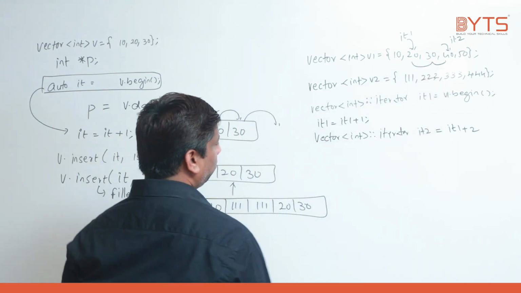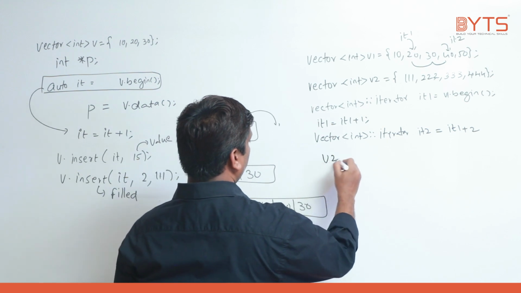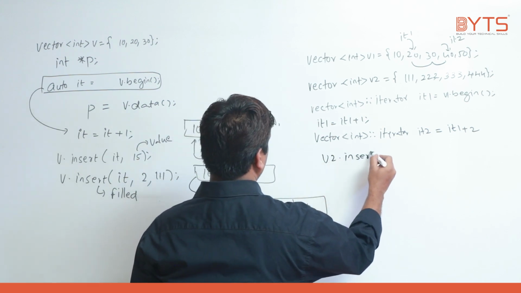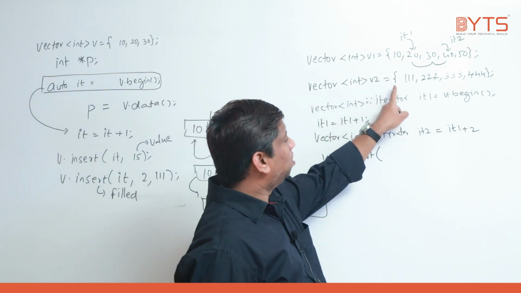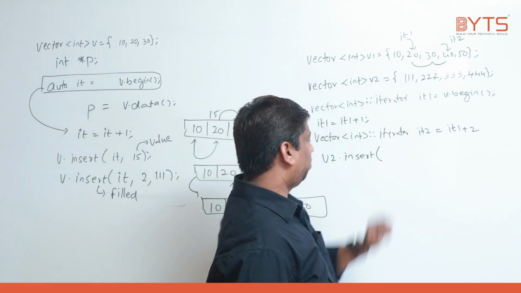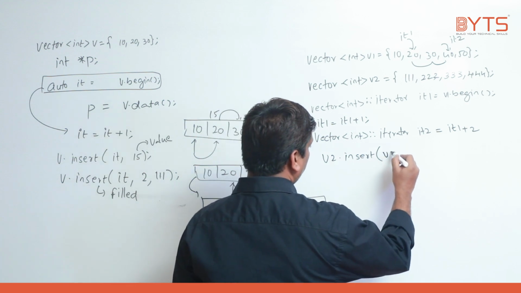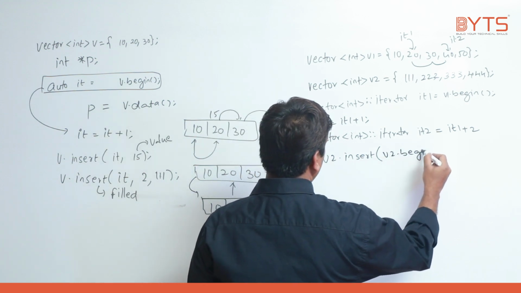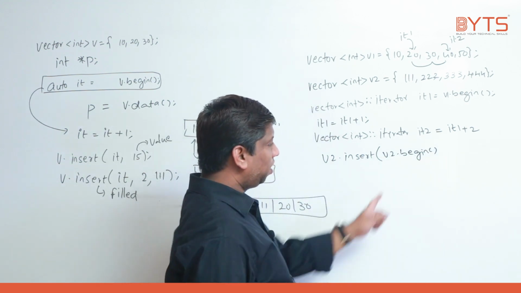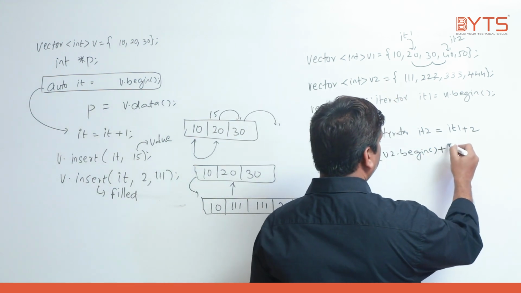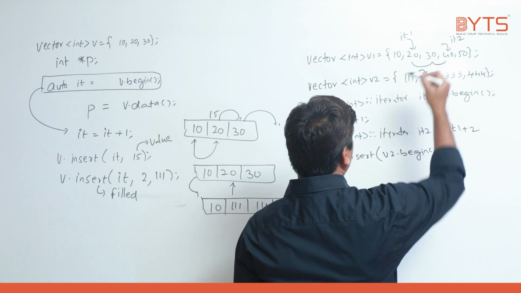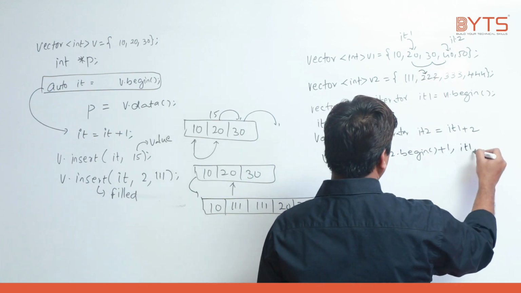Now v2.insert means we are calling insert on this vector. I write v2.begin(). Whenever you write v2.begin(), you get an iterator to the first position. Plus 1, now your iterator is pointing here, comma it1, comma it2.